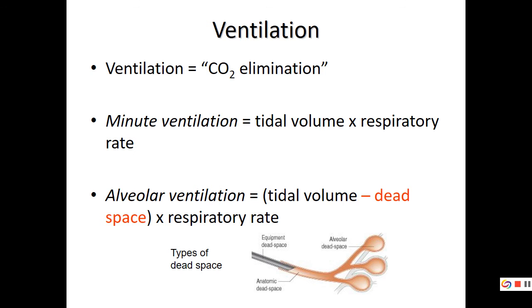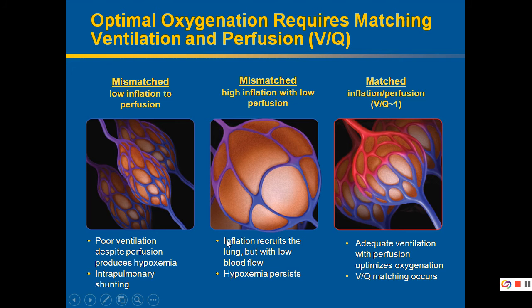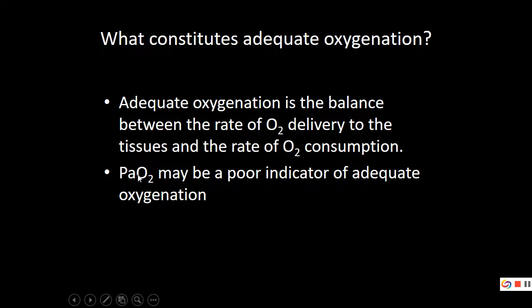And there can be lots of types of dead space. So you can have dead space in your endotracheal tube. You can have dead space in some of the airway tree, like your main bronchi. You can have an alveolus that isn't participating in gas exchange. We just went through this scenario here, right? So this alveolus isn't really participating in gas exchange.